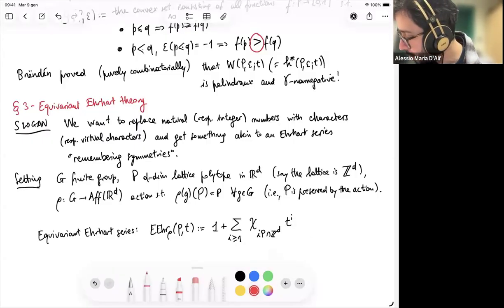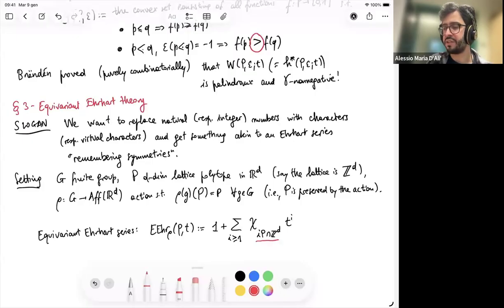So these intersections iP ∩ Z^d are just the set of lattice points of the ith dilation. Then I'm going to consider how this thing gets shuffled around, and the correct way of doing that is remembering the character associated with the permutation.